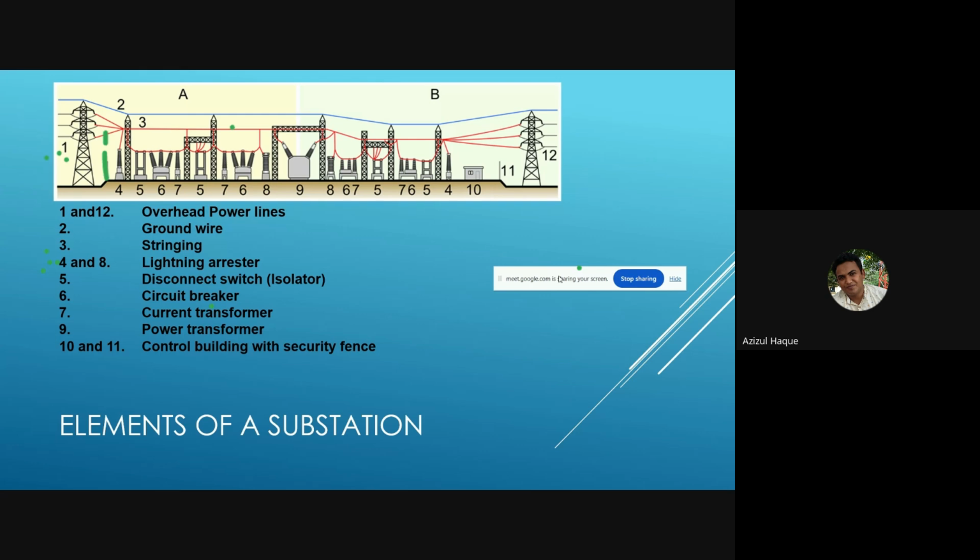Earlier we had mostly state grids, so we used to feed to state grids, and it used to be 220 kV. Then a national grid was developed at the 400 kV level, so most substations coming up nowadays are at the 400 kV level. 765 kV substations are generally not made at generating stations.